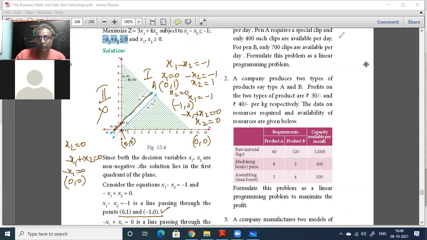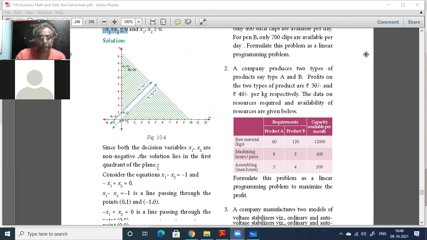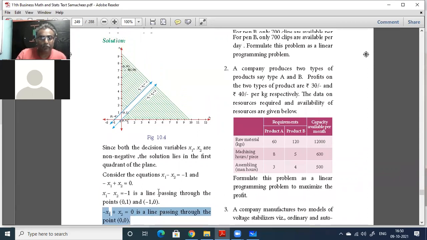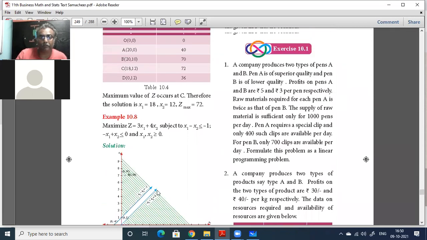Here is a problem. This other one is only passing through the point 0, 0. We don't know which way it is going. That's all we know.